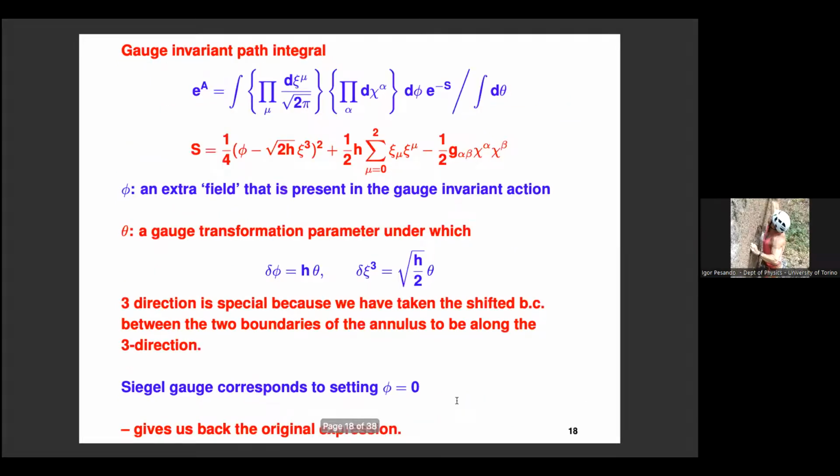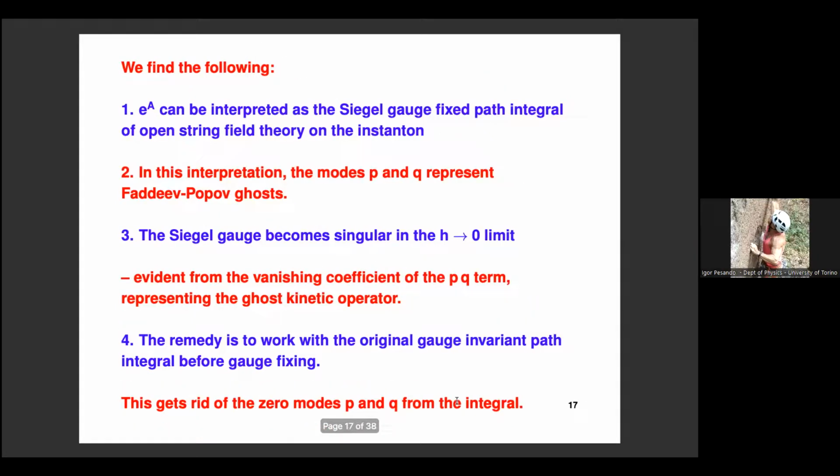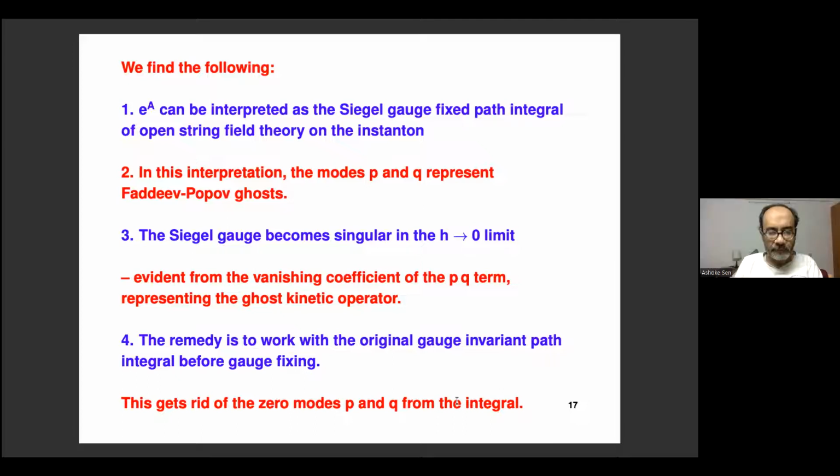Okay, you are considering just the one instanton sector because you haven't the matrix structure. Exactly, yes. I'll mention briefly the multi-instanton case at the end.